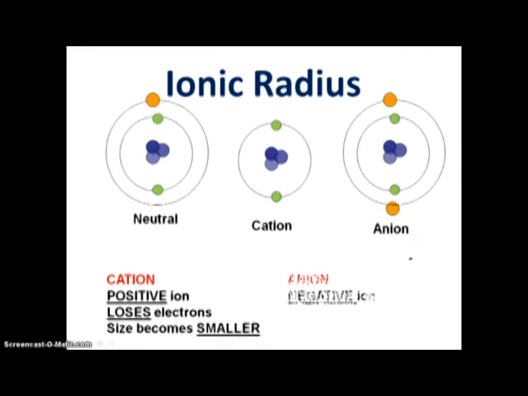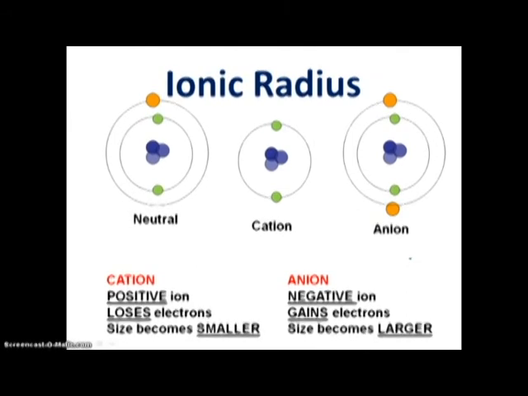But the anion, the negative ion, because it gains electrons, you can kind of think of it as like gaining weight. It becomes larger because it's adding more matter or more mass, adding to that outer ring, making the atom itself take up a larger area. So from smallest to largest, the cation's the smallest, the neutral one's medium sized, and the anion's the largest.